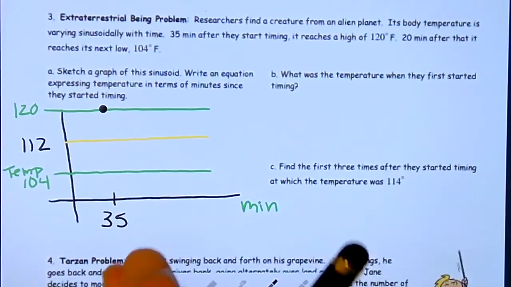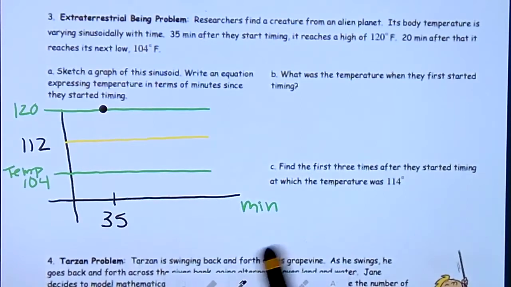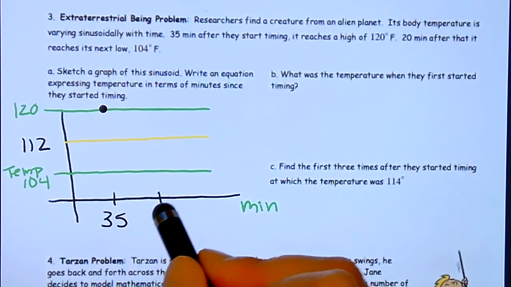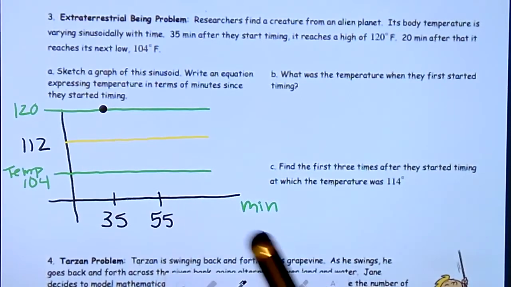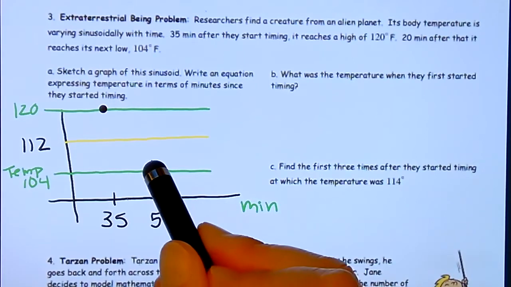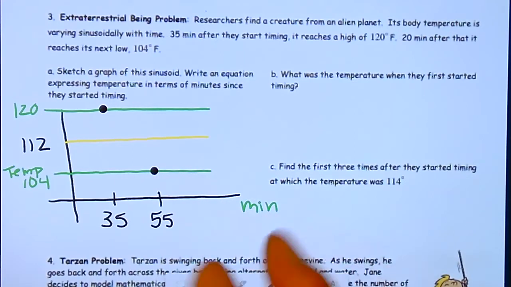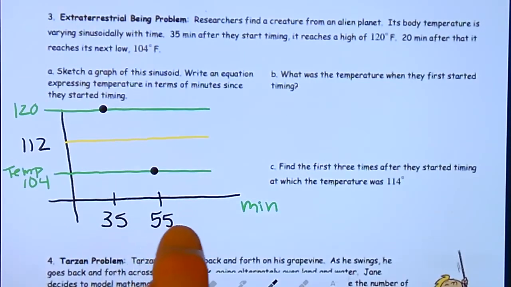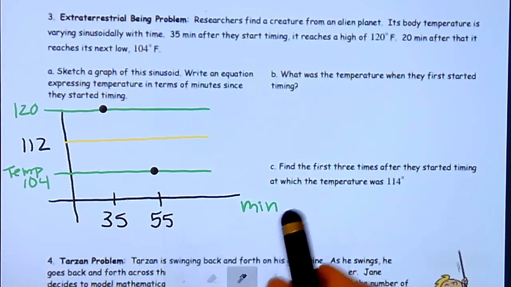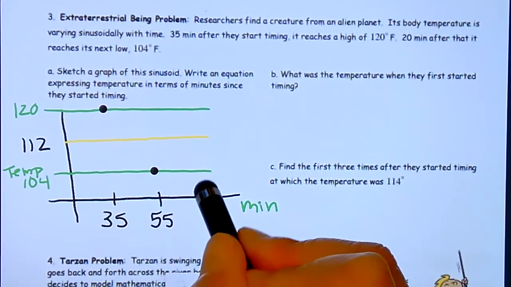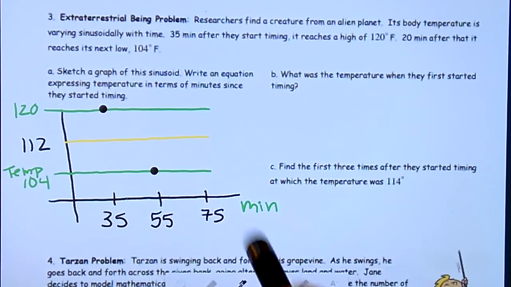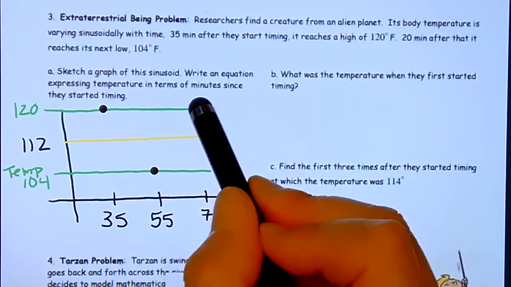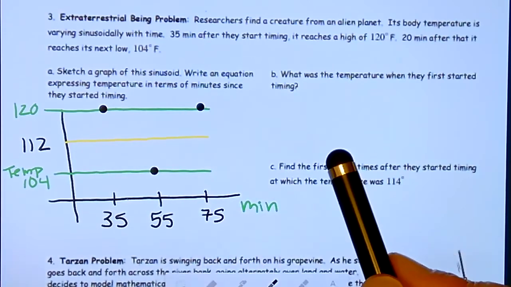20 minutes after this, which would put us at 55 minutes, we're at a low. So it took 20 minutes to get to here, so it means it's going to take another 20 to get back up to the next high. So 20 more than that will be 75, and that's going to be my high again.